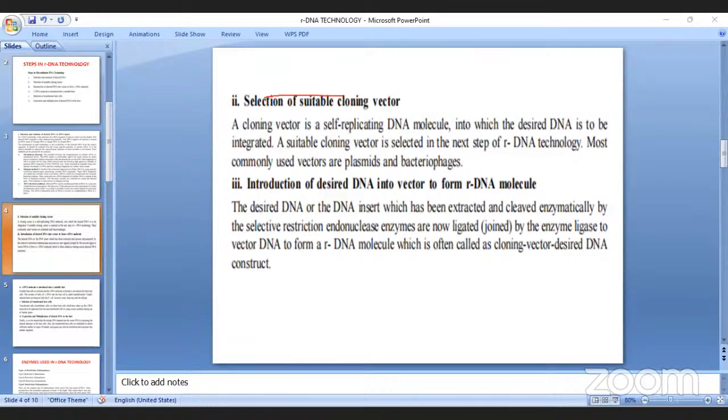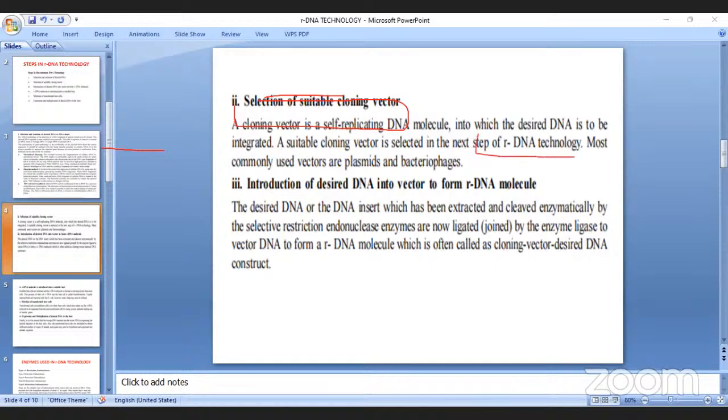Already told you the cloning vector is self-replicating. It should be a self-replicating DNA molecule, which means the desired DNA is to be integrated. A suitable cloning vector is selected in the next step for the rDNA technology.